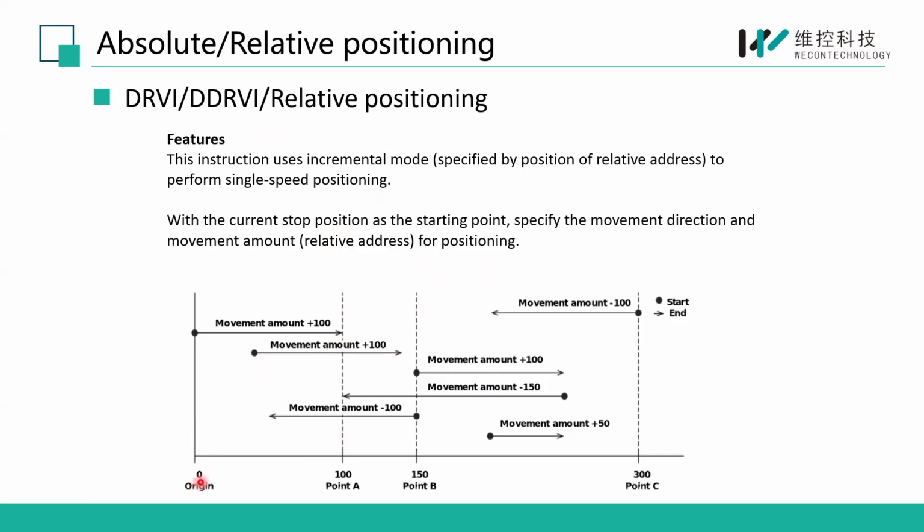So, for example, if I start from the zero origin and move 100 pulses, and then I trigger this instruction again, it will run, set the 100 as the new origin and run again. So the total pulse number is 200. So this is the relative positioning.